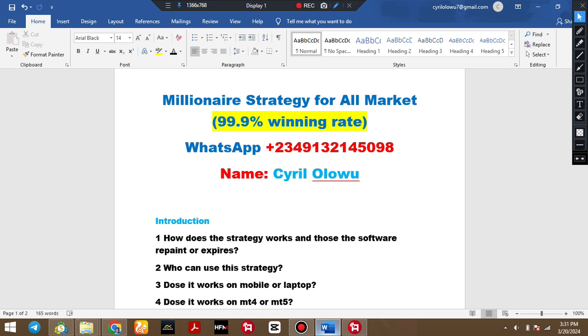Now, the concept behind this software or this strategy was that there was a point we used the source code to create or develop a robot. The result it was giving us then was not encouraging, and at the same time the results were not that profitable.